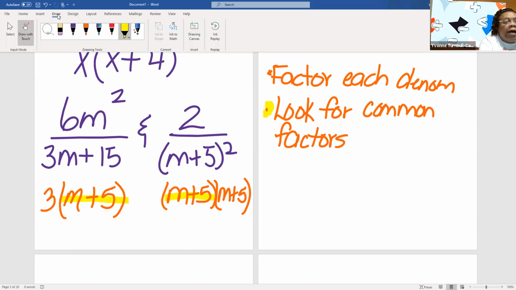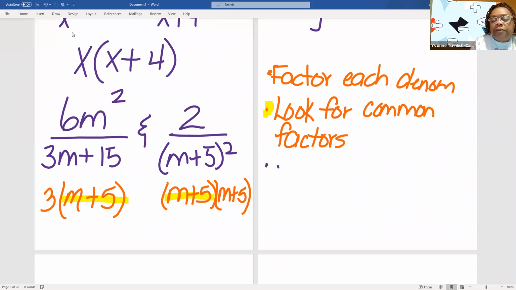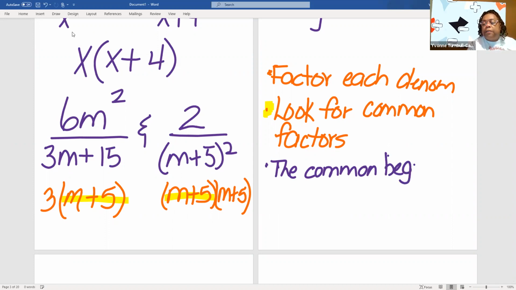Once I find the common factor, it begins the LCD. In other words, that's the first part of my LCD.